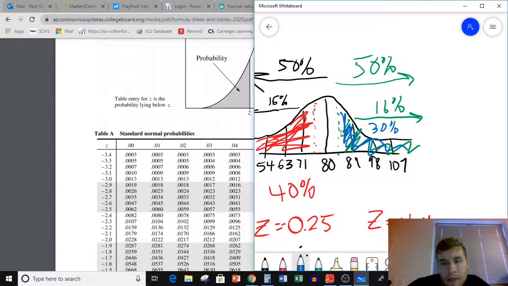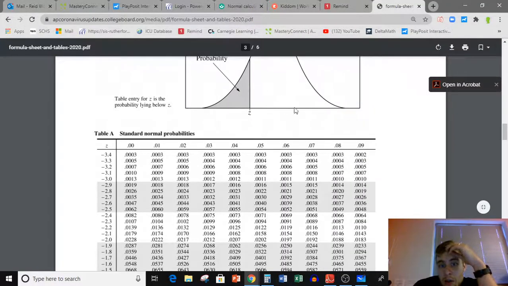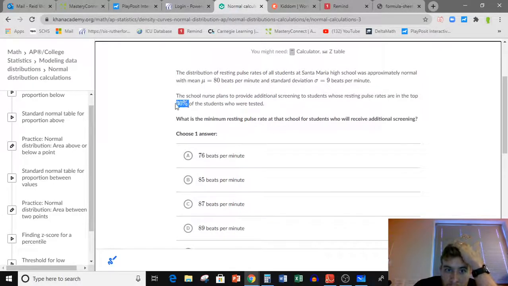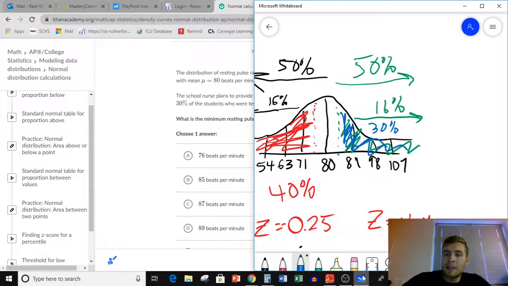Since it's negative, we would expect it to be on the left side, but this is on the right side. So here's the problem. Remember that these only show percentiles. And since this question is asking for the top 30%, what we really want is the 70th percentile.